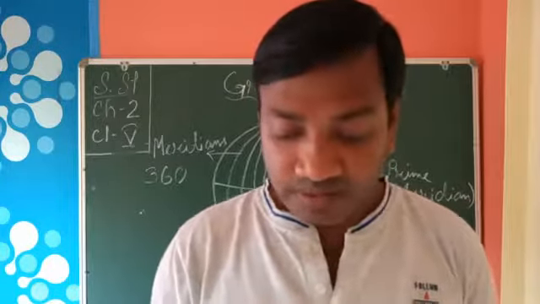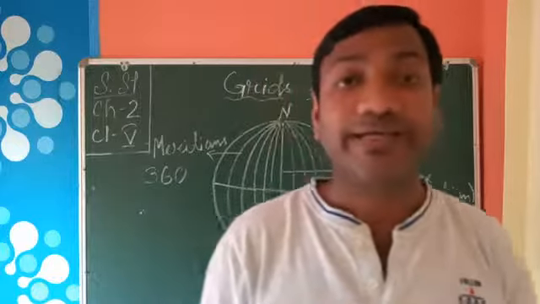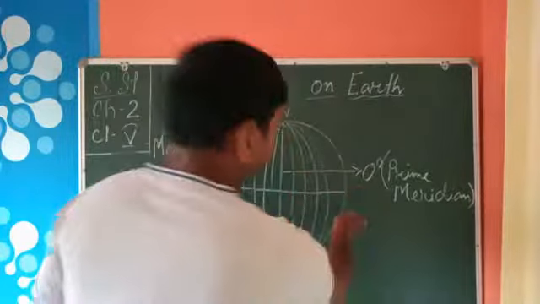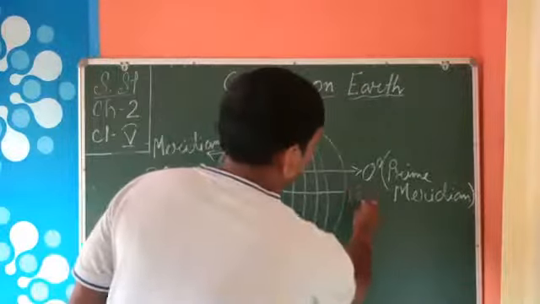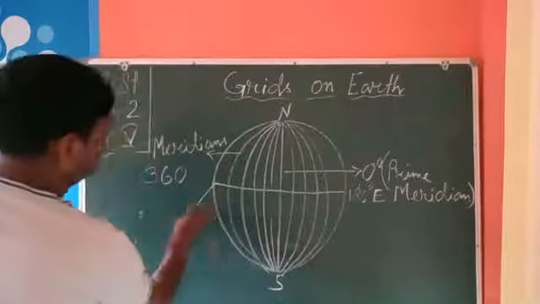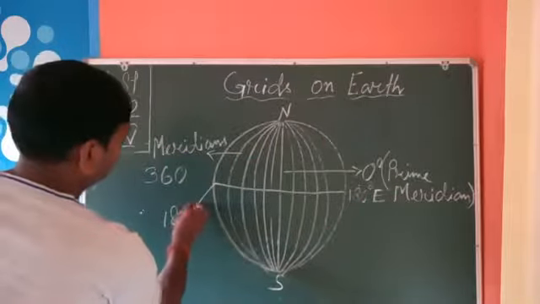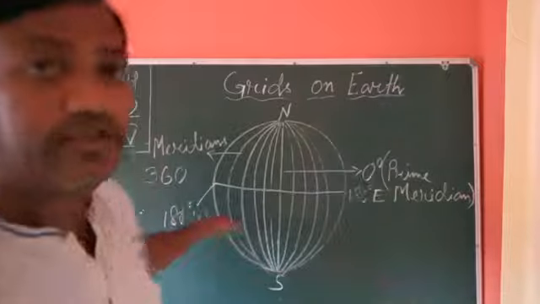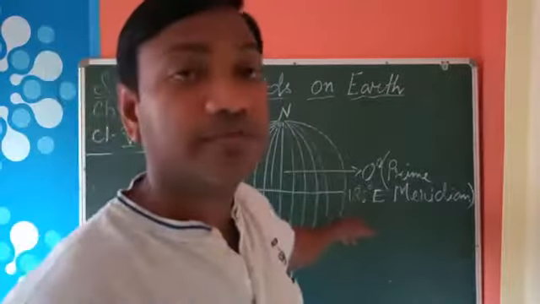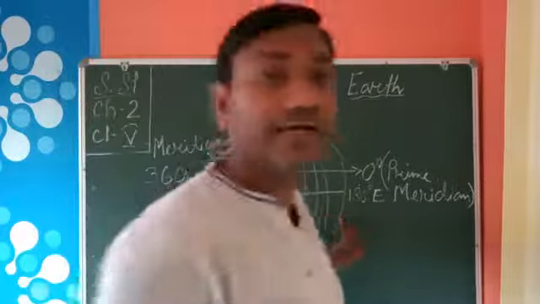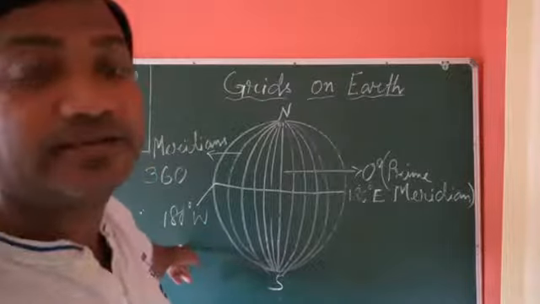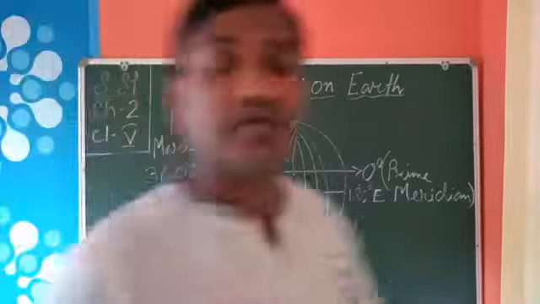Longitudes are marked as 180 degree east and 180 degree west. That means if we go from the prime meridian to the east side, we find 180 meridians, and if we go this side, we find 180 meridians, and these are called degrees.